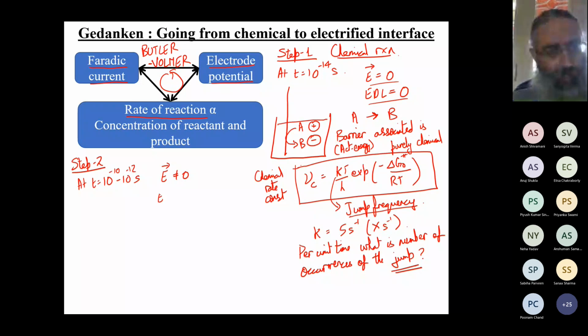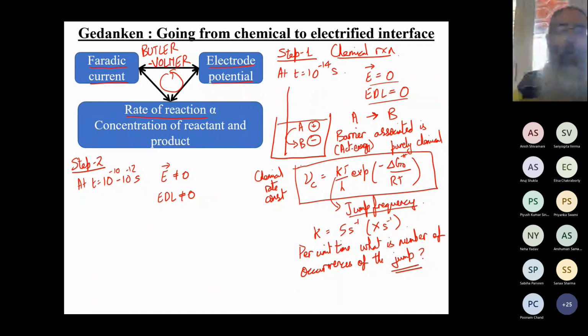The electrical double layer, as a result of the electric field that is imposed, also starts to build up. The reorganization of the ions on the electrolyte side happens. We have looked in detail at how the electrical double layer forms, what is the driving force, and so on and so forth. So essentially, the sampling time now becomes a slightly longer sampling time.